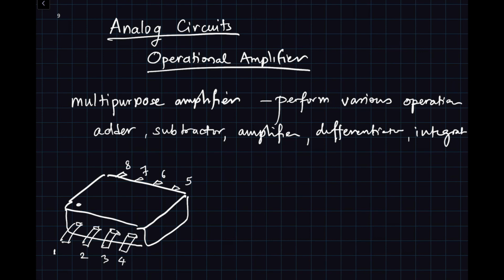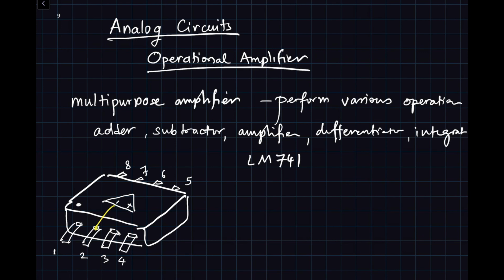In this particular case, we were talking about the LM741 amplifier. It's wired like this. There is a triangle which shows the amplifier. It has two inputs, positive input and negative input. Let's use yellow for this.